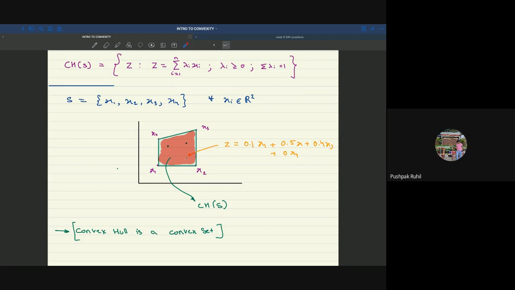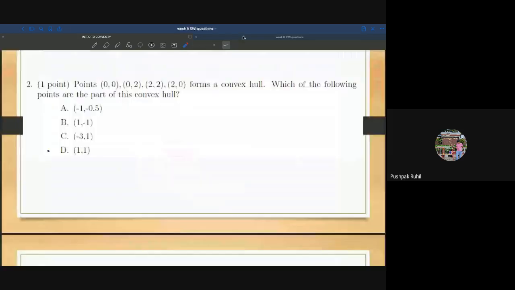For example, we have 0.1 x1 plus 0.5 x2 plus 0.4 x3 plus 0 x4. So for every point within this shaded region, we would have one convex combination that would satisfy the condition. Now we have to use this particular concept here.